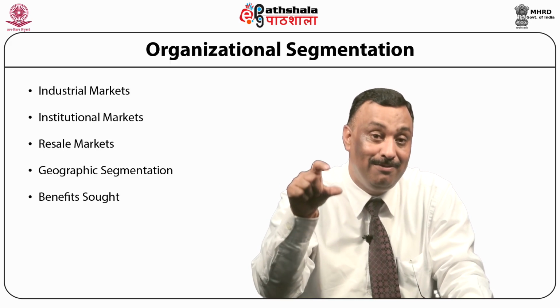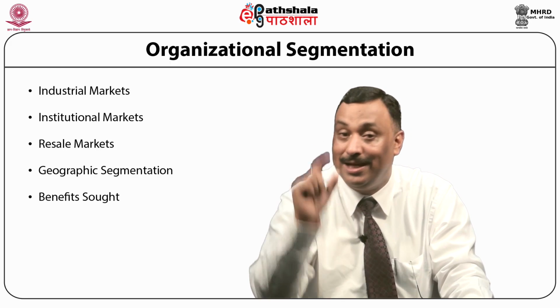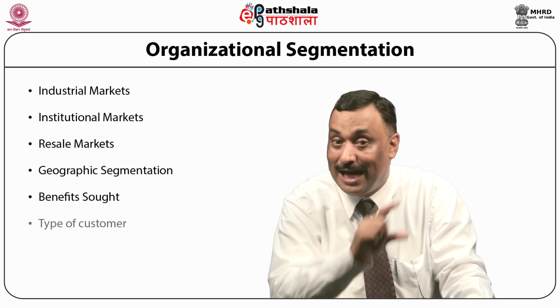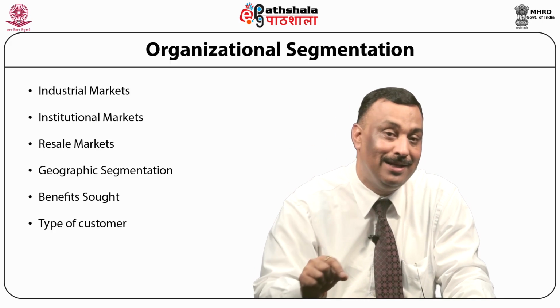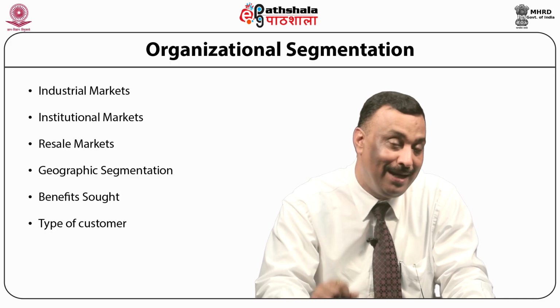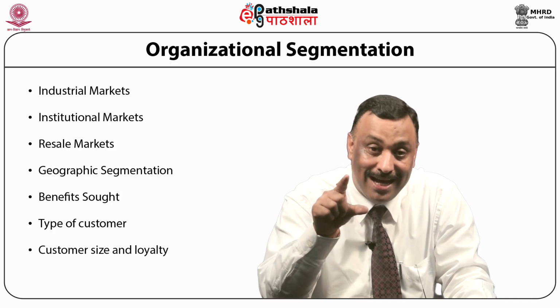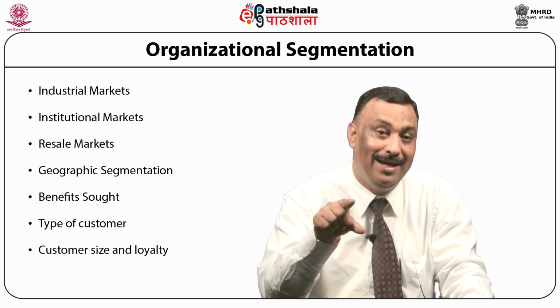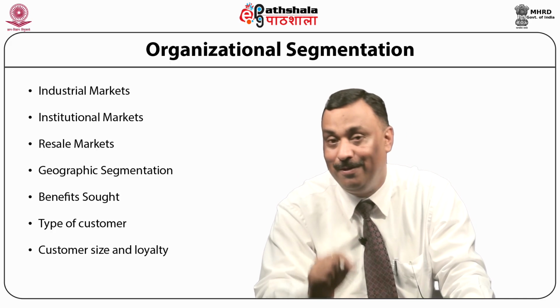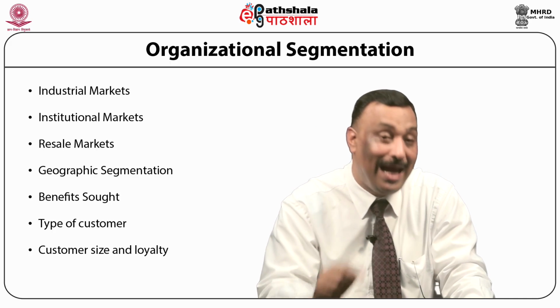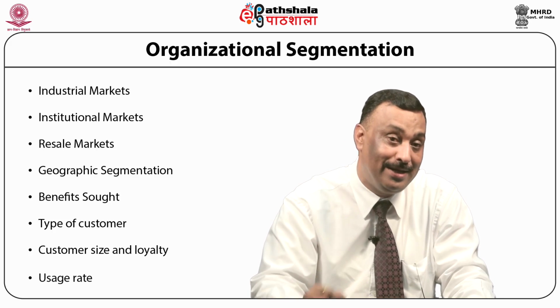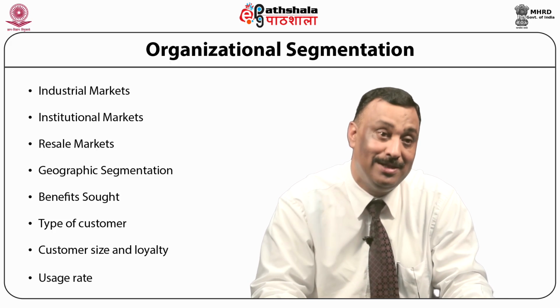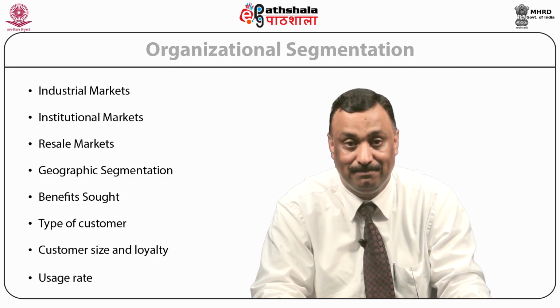The benefits which we derive from the market can also be a basis for division. The types of customer can also be taken as a basis. The customer size and their loyalty can also be a basis of market segmentation, and usage rates can be another basis.